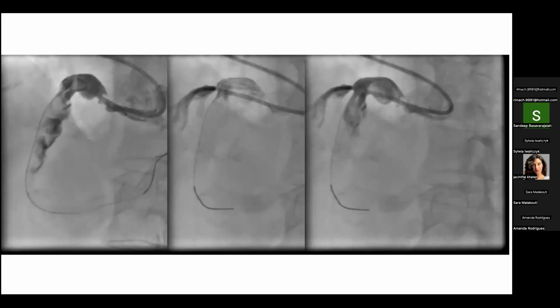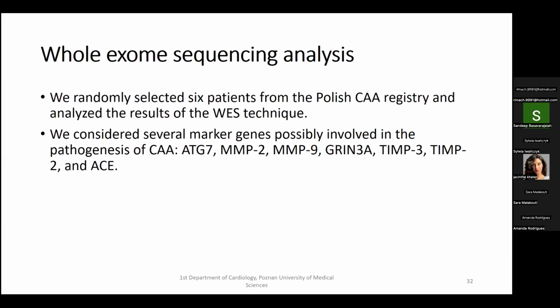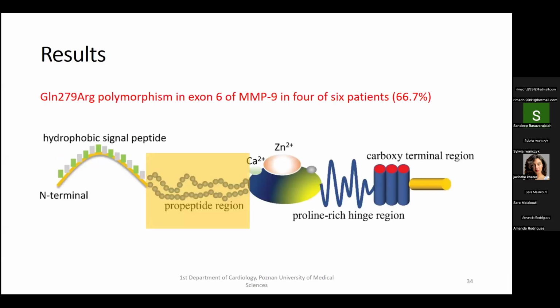I agree. And very shortly, I would like to show you the results of whole exome sequencing in patients with coronary aneurysm. We randomly selected 6 patients from our database and analyzed them with whole exome sequencing, and we focused on metalloproteinases.